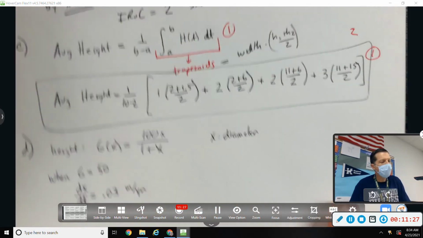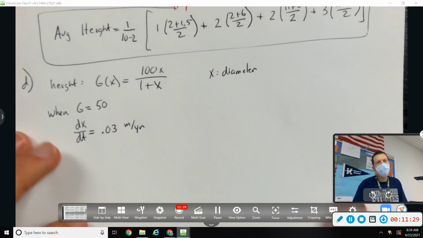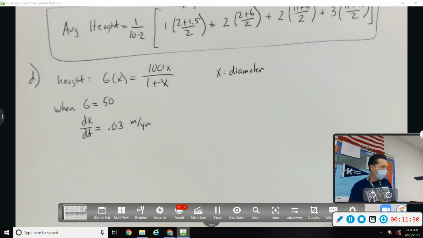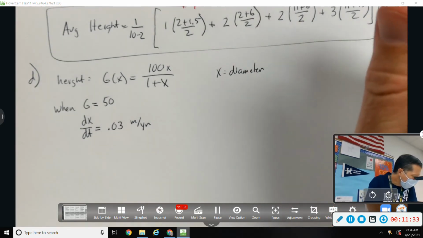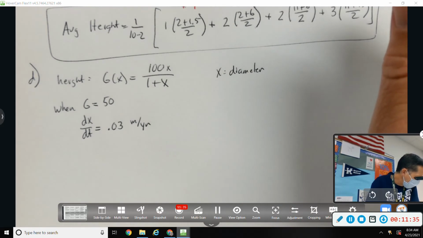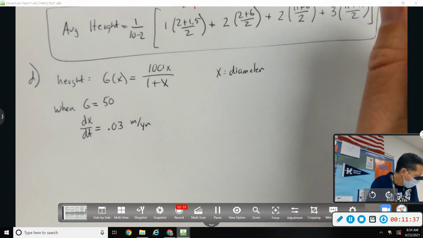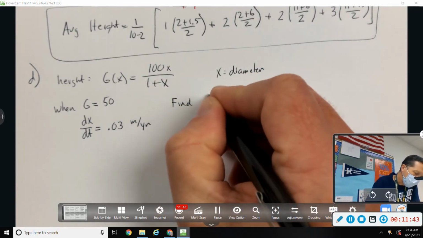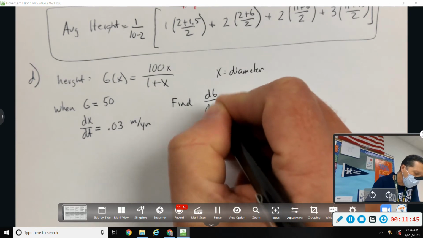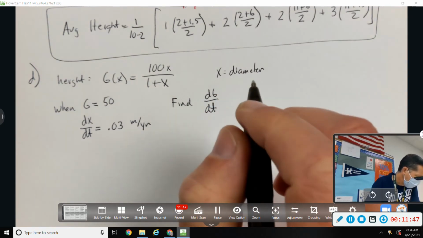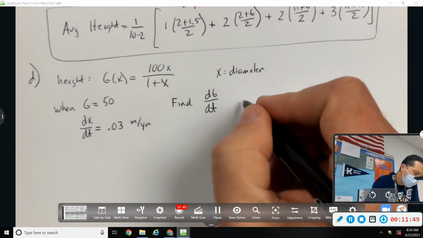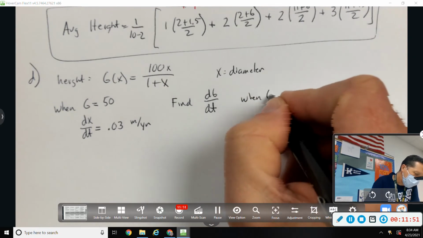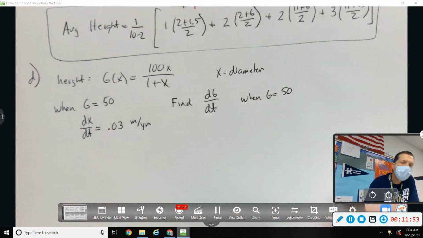I think I see a related rates problem coming. According to this model, what is the rate of change of the height of the tree with respect to time? So that's a mouthful, but that's find dg/dt when g is 50.